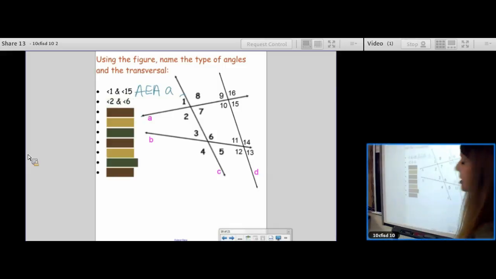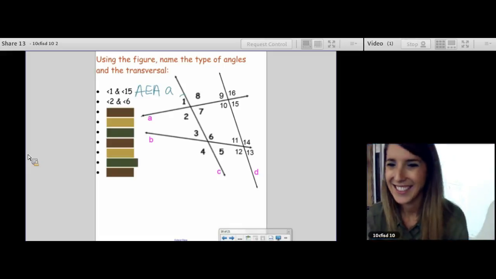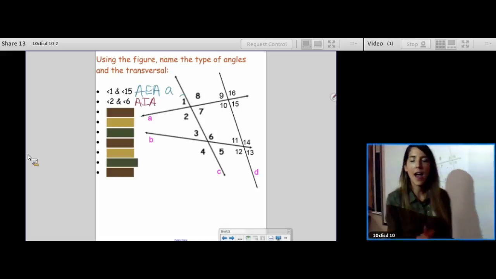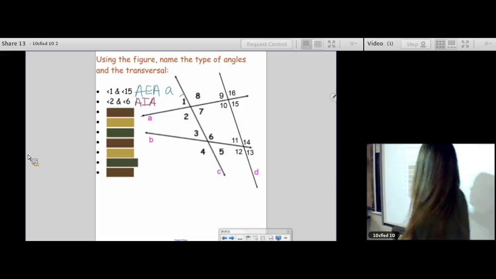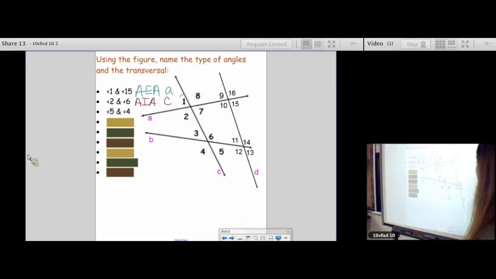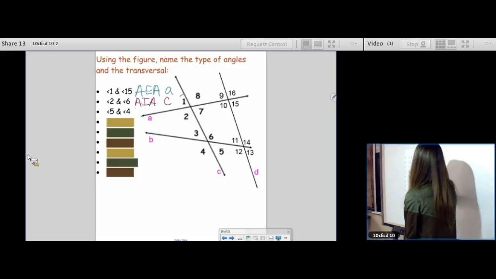Next one. 2 and 6. Good, Joseph. Alternate interior angles. And what line are they both touching? What is the transversal's name? C. Very good. 5 and 4. Good. Linear pair.